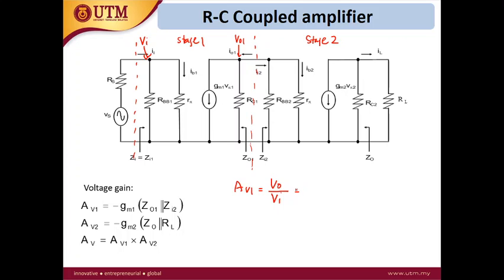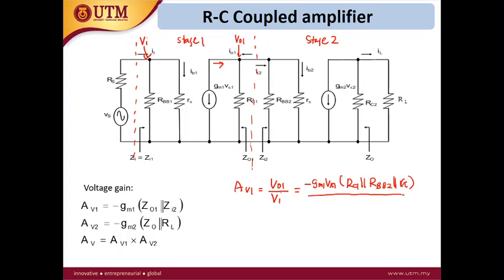So what is V out 1? V out 1 is the voltage at this point. So you know the current here is negative gm1 V pi 1, times all the resistors here combined. So this is negative gm1 V pi 1 times RC1 parallel with RBB2 parallel with R pi.